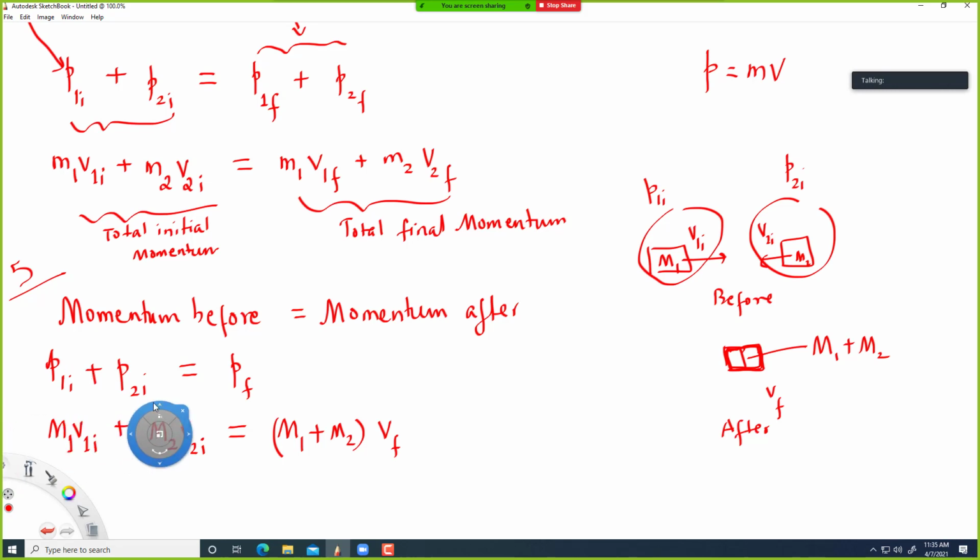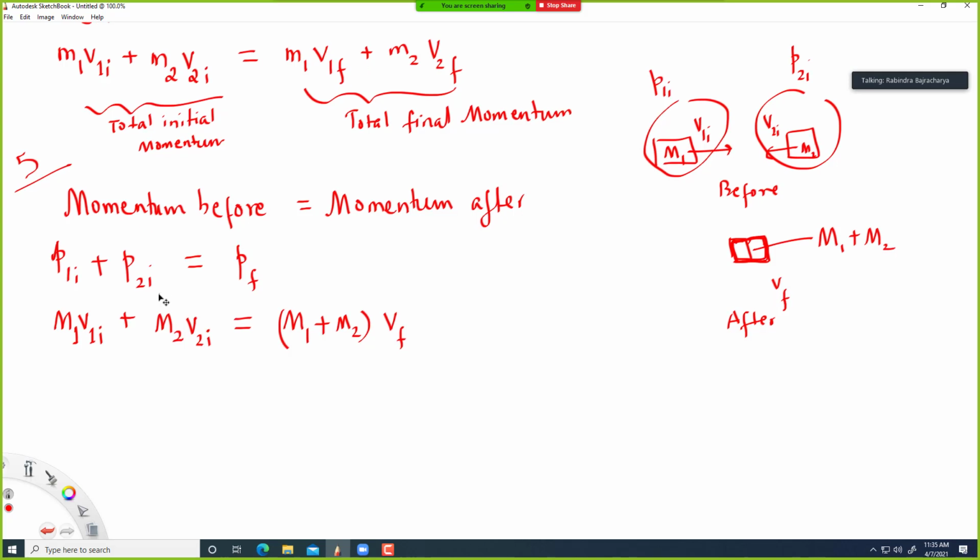So now the rest is just plugging in the numbers. We want to find this one, okay? So that's what we want to find. How do I write an expression for this? What should I do to write this equation in terms of just v final? Divide both sides by m1 plus m2, right?